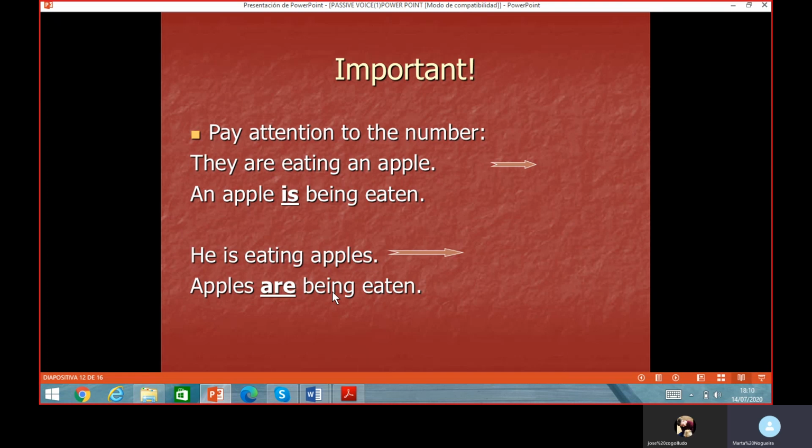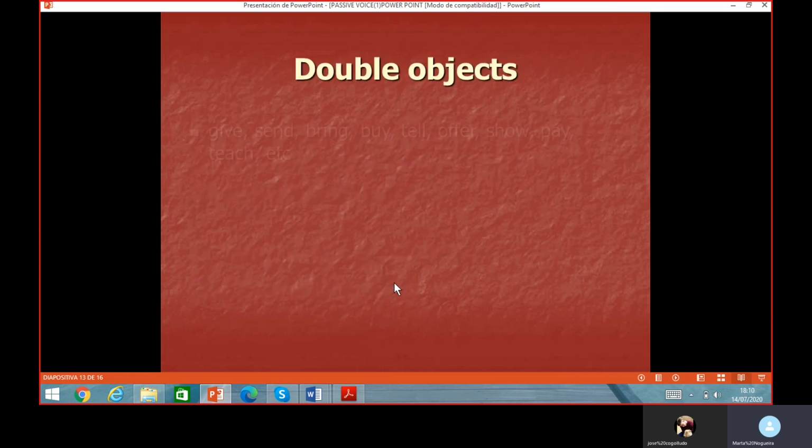Being, siendo, the verb to be, again in English, siendo, endo, ando, that is the gerund, it ends in ing in English. And then the participle, which in Spanish is comida, comido, comidas, comidos. This is the participle in Spanish, and this is the participle in English. So it is good to translate.